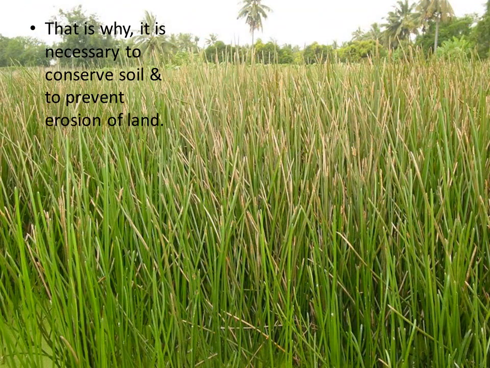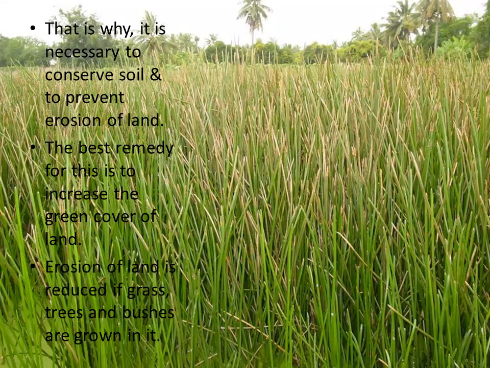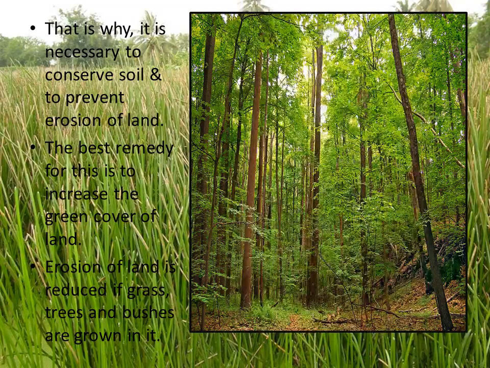That is why it is necessary to conserve soil and to prevent erosion of land. The best remedy for this is to increase the green cover of land. Erosion of land is reduced if grasses, trees, and bushes are grown on it.